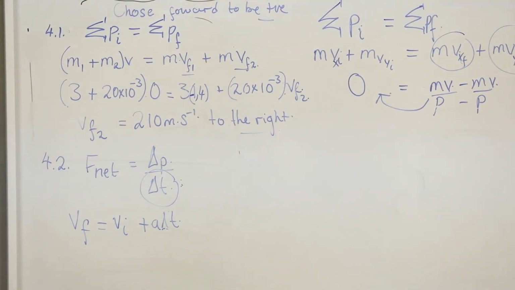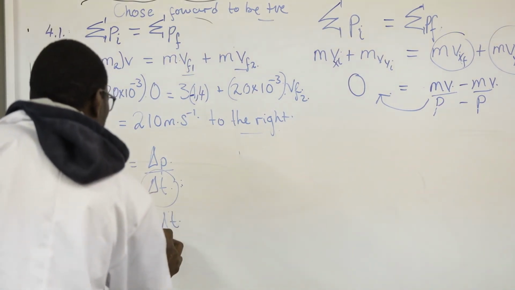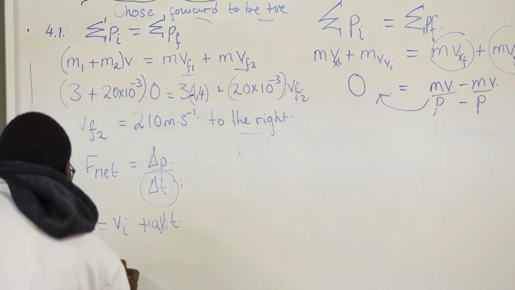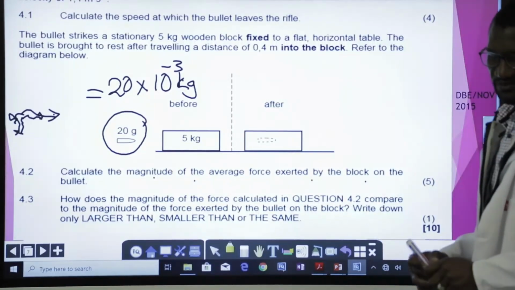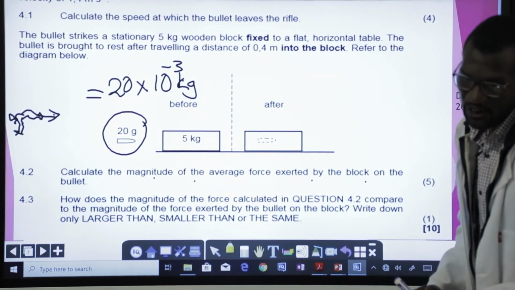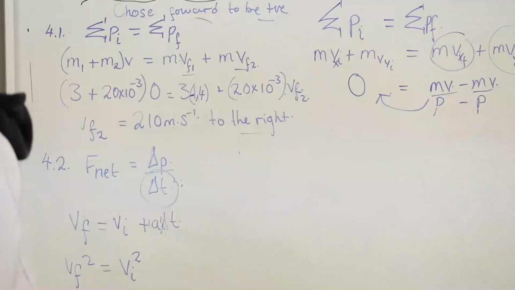So let's look for the acceleration and then use this equation to find the value of the time. How am I going to find the acceleration? I would use V final squared is equal to, these equations are there on your book, at the back of every question paper, V initial squared, right?